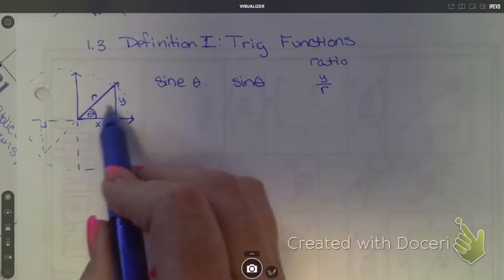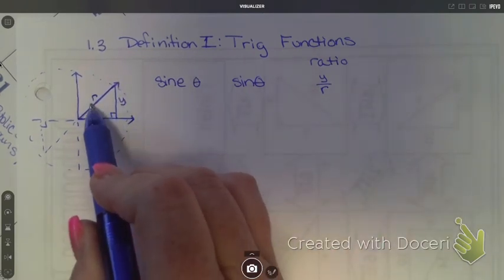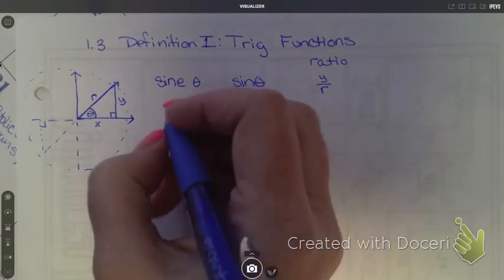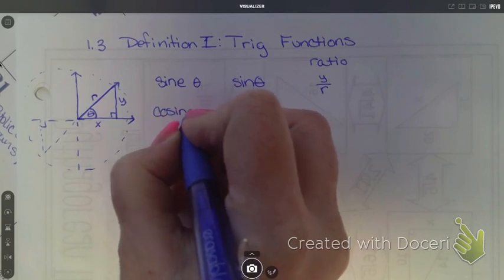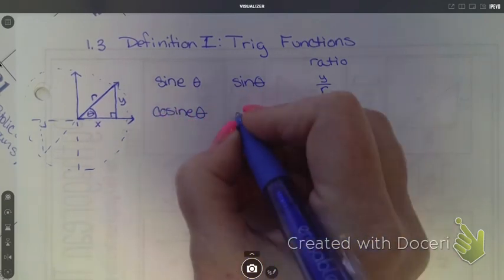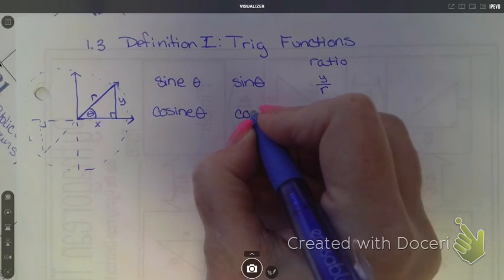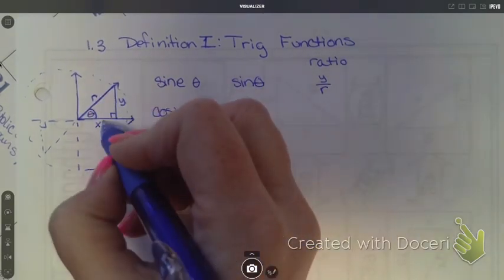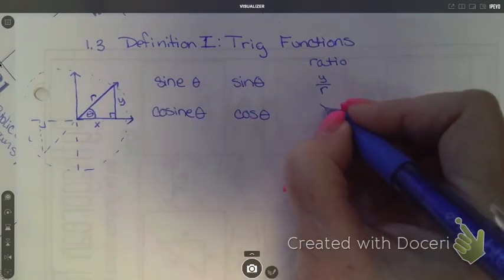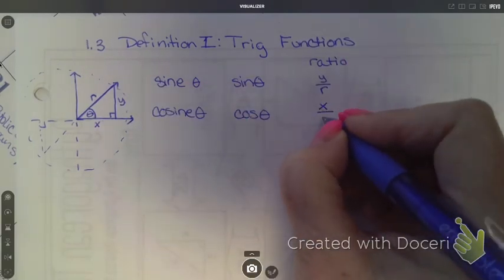Is that the opposite? Yep. Is that the hypotenuse? Yep. Okay. Cosine of theta, which we abbreviate COS but still say cosine, is the adjacent over the r, so the adjacent is x over r.